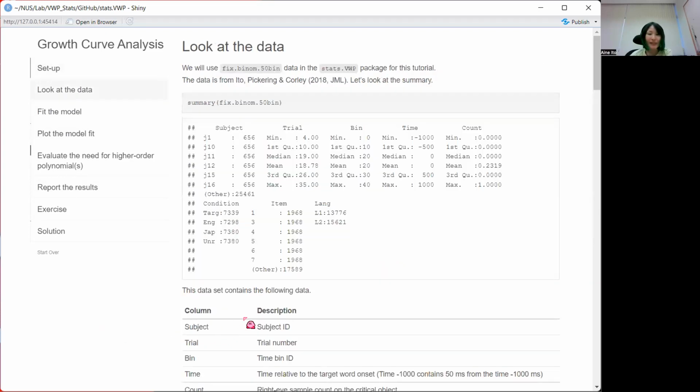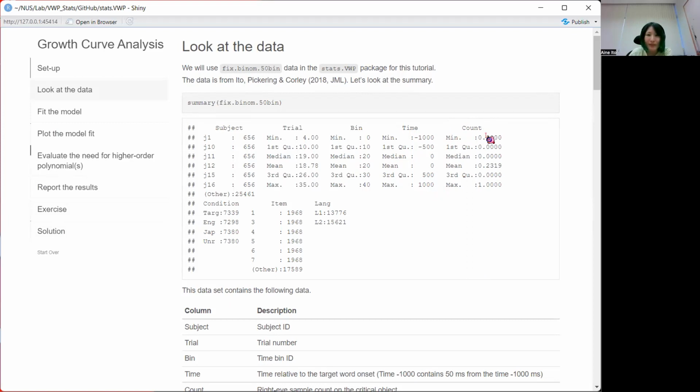The data we'll be using is from the data set that we just looked at during the talk. The data we're looking at here is the fixation proportion data coded binomially for each 50 millisecond bin. The time is from 1 second before the target word onset to 1 second after the target word onset.